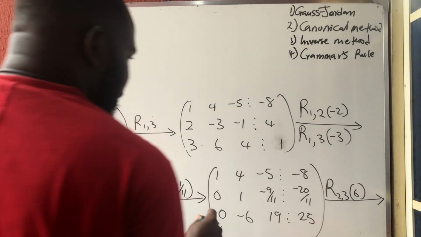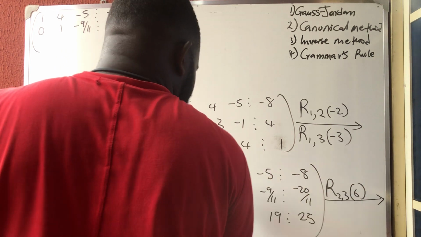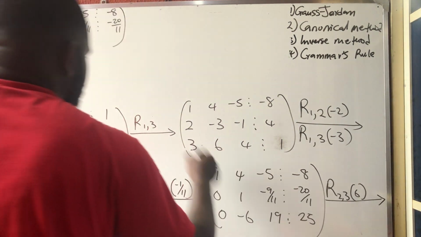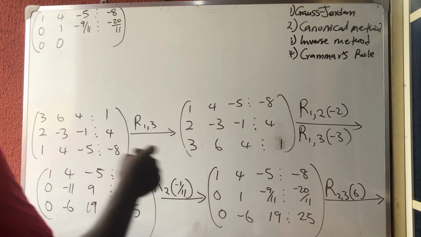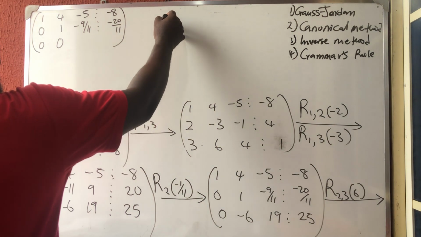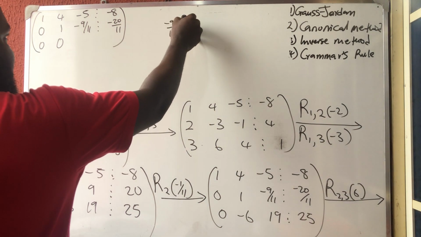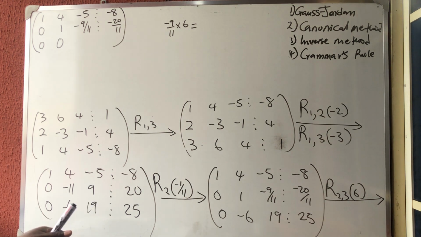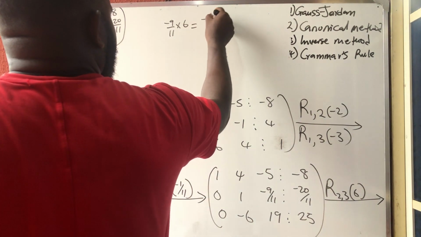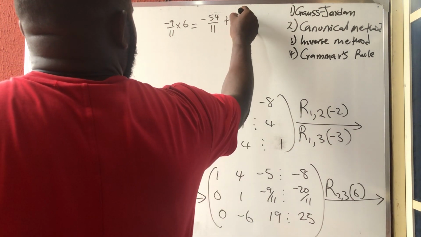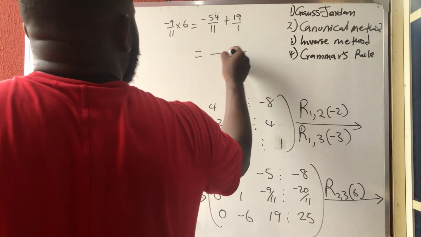So in row 2 we now say we are multiplying by 6. So 6 times 0 is 0, plus 0 is 0. 6 times this is 6, 6 minus 6 is 0. Now 6 times this plus this. Watch it: minus 9 over 11 times 6 will give you minus 54 over 11. And we are adding it to 19 over 1. So the LCM is 11.